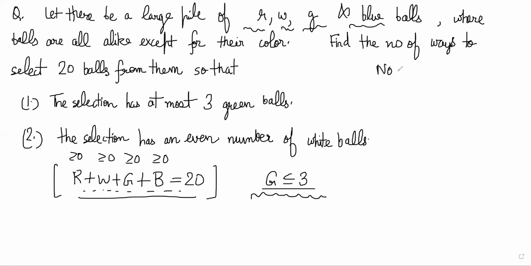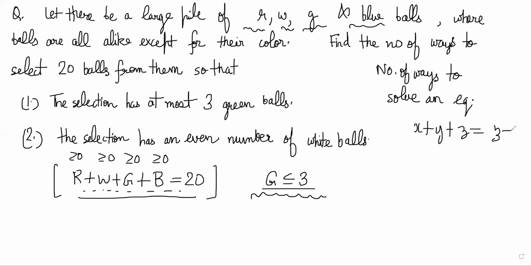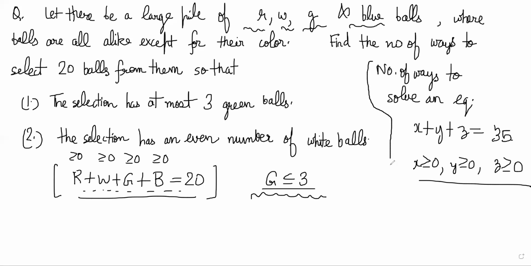Number of ways to solve an equation. This type of question, have you ever seen? Let's say x plus y plus z is equal to 35, when x is greater than 0, y is greater than 0, and z is greater than 0. Have you ever seen such questions? I think I have. So there is a way to solve this. If you don't know the way, then you can't solve this question.